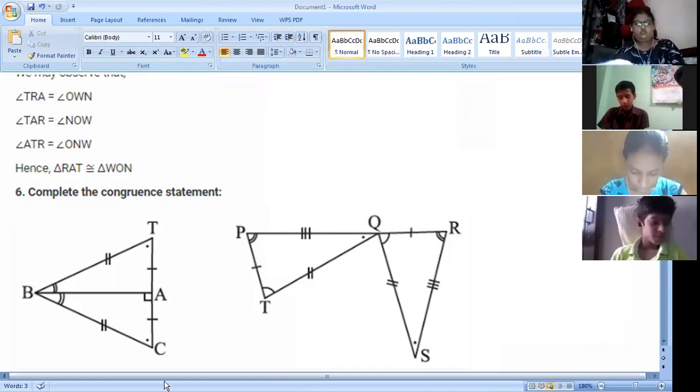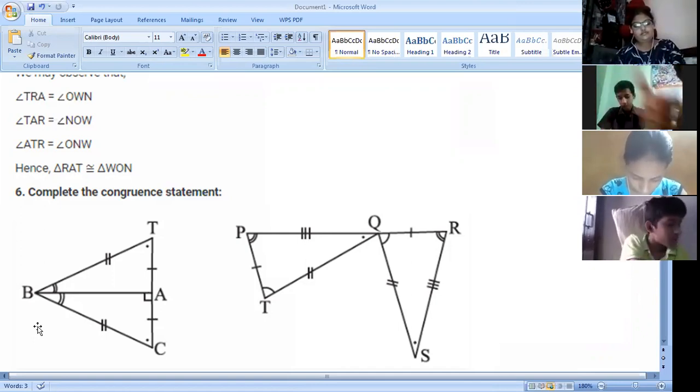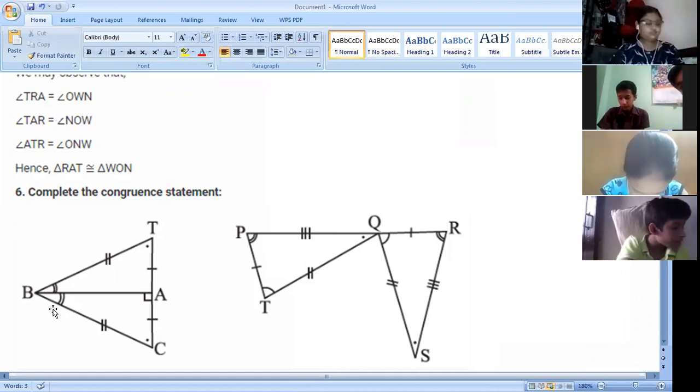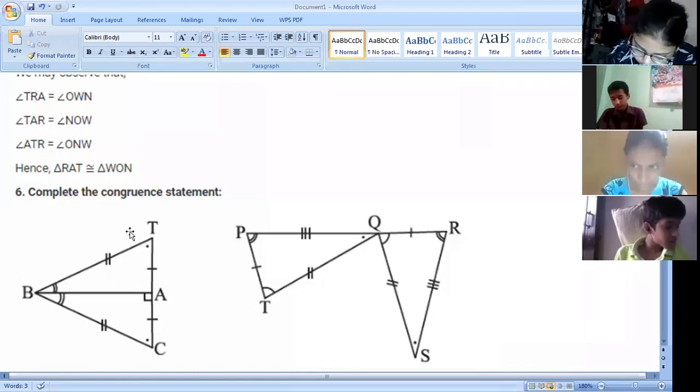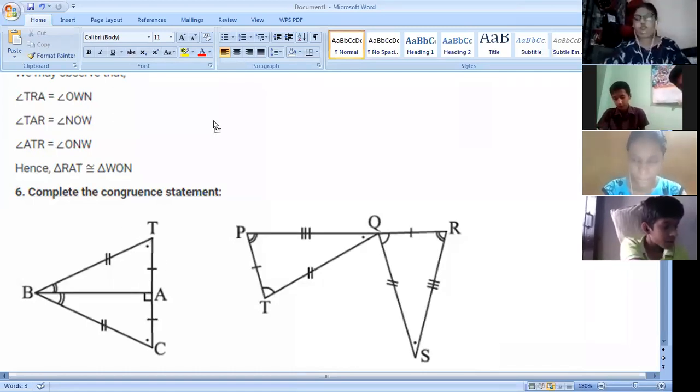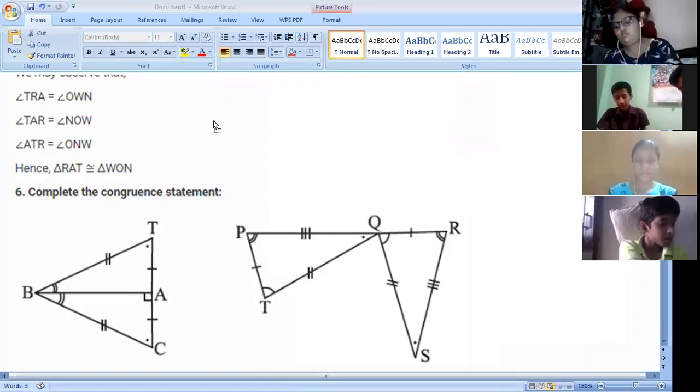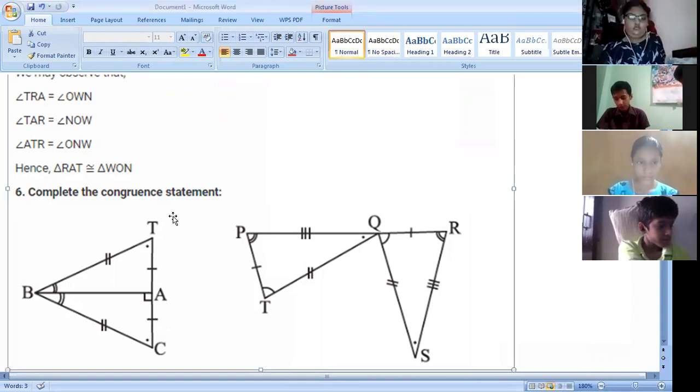Vyan, which side is equal to which side in the first figure? Ma'am, BTA is equal to BCA, sorry. Yes, it's correct.